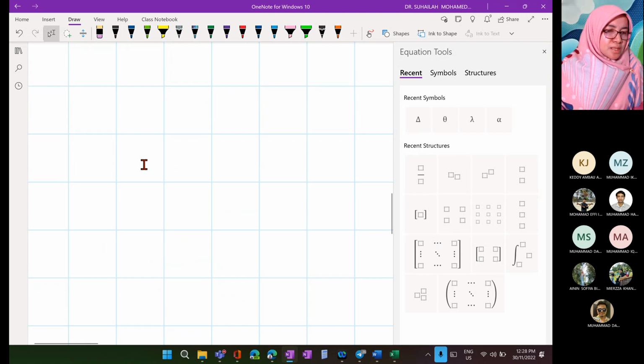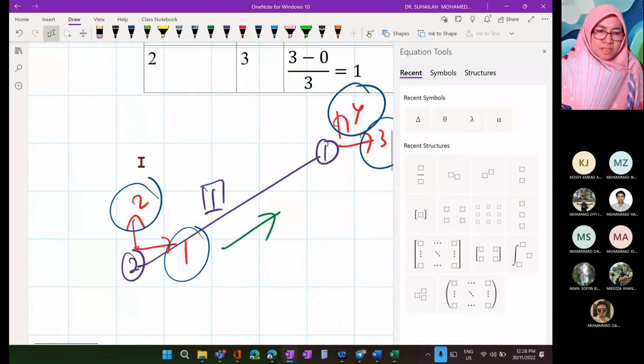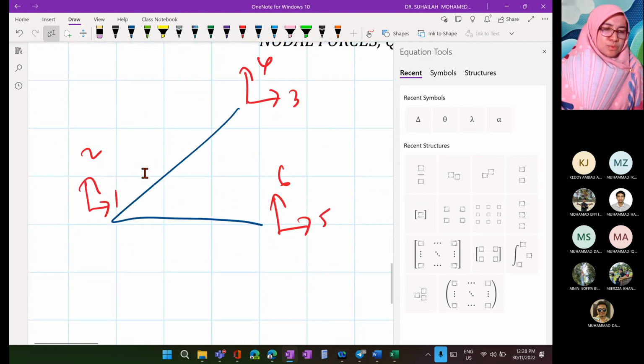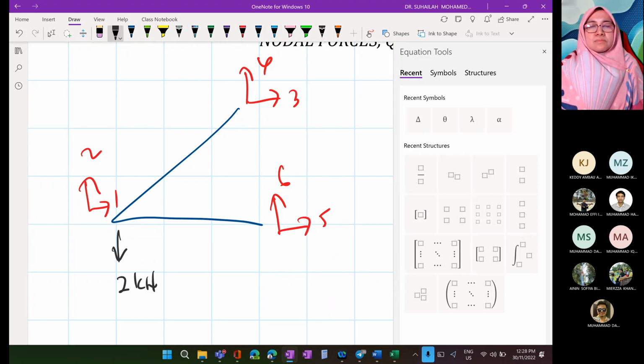And in the question, there is a 2 kilonewton downward at node number 2. So this is the force, 2 kilonewton. So we have to be able to read the physical meaning of Q from position 1 to position 6.